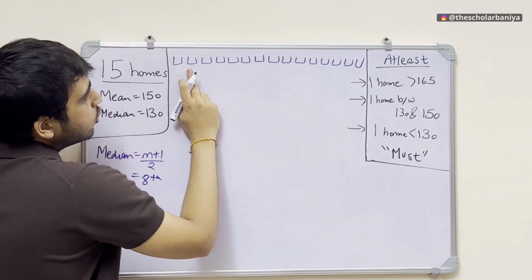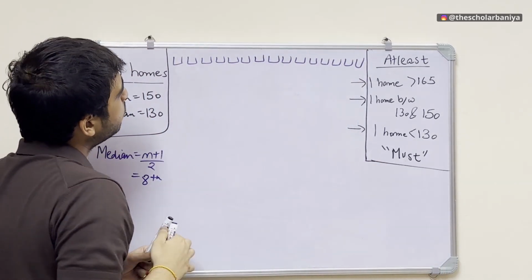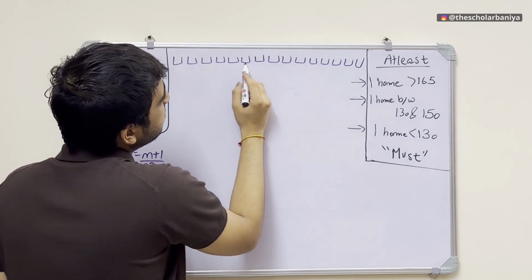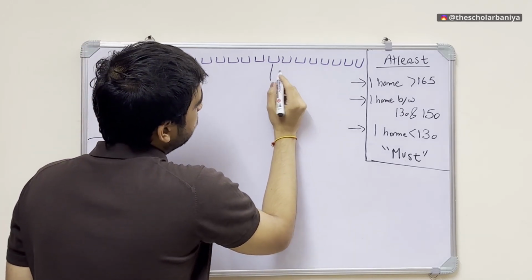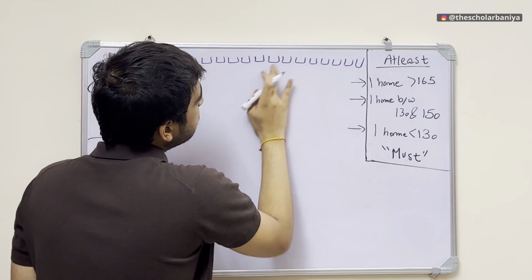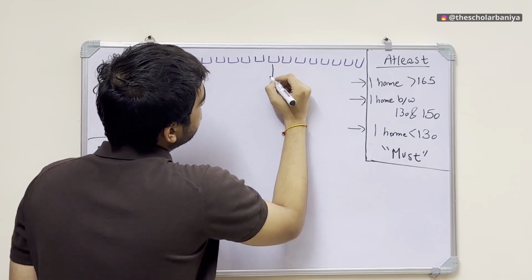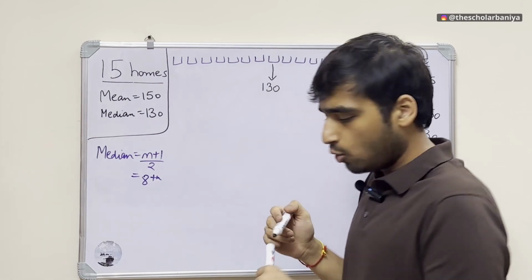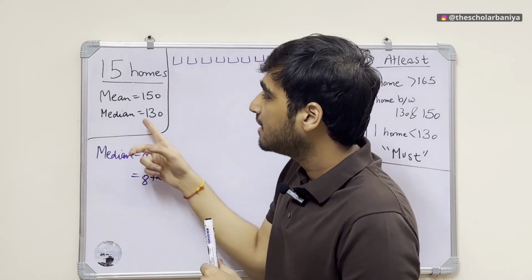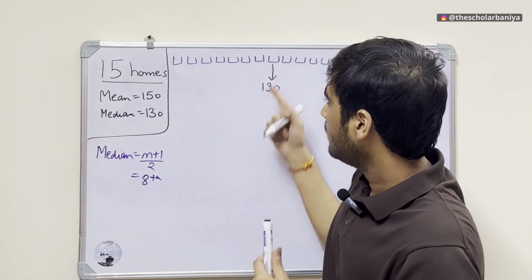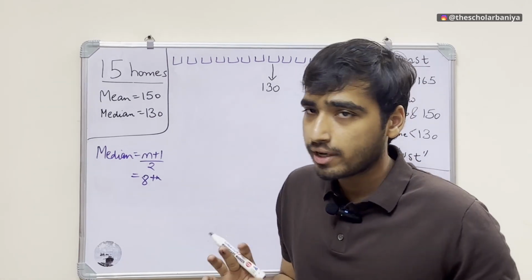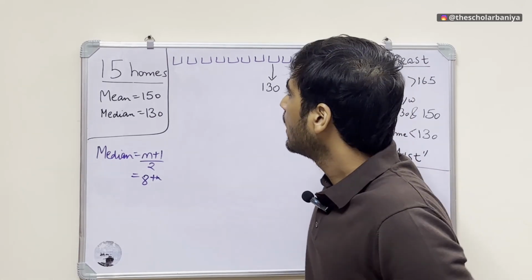So what is the 8th home here? 1, 2, 3, 4, 5, 6, 7, 8. This is the 8th home, and its price is 130. I hope it's clear that the median is 130, meaning the price of the 8th home is 130. Okay, perfect.